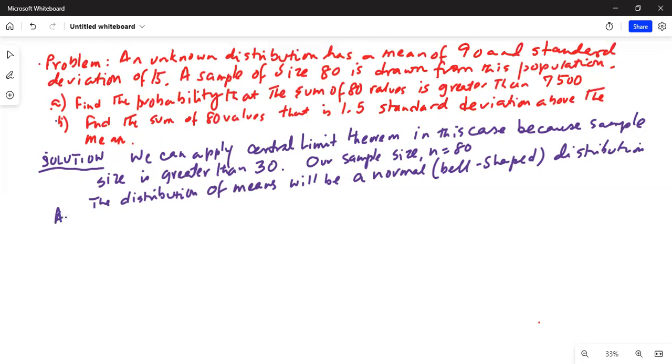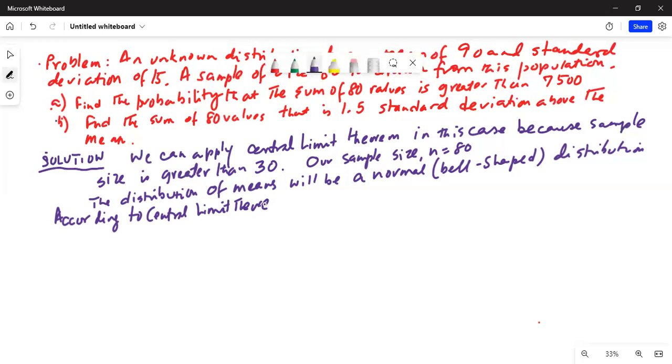According to the central limit theorem, the mean of the distribution of the means is mu x bar, which is equal to the mean of the distribution of means.